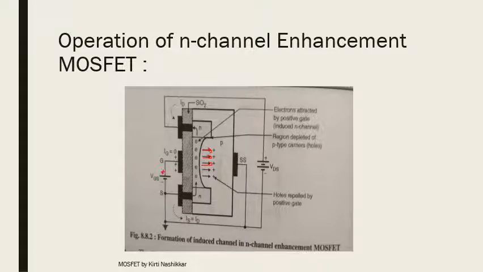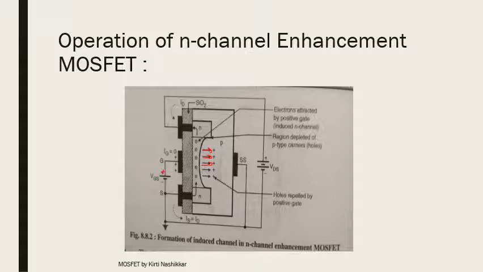As we increase the positive VGS, the number of electrons gathering near the gate also increases. The electron concentration near the SiO2 layer increases to such an extent that it creates an induced N channel which connects the N-type doped regions.